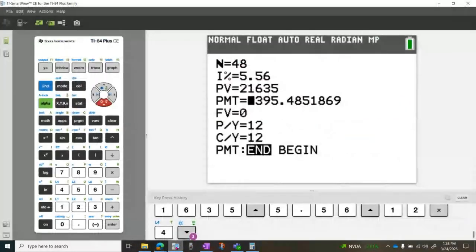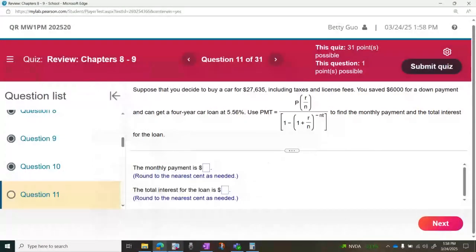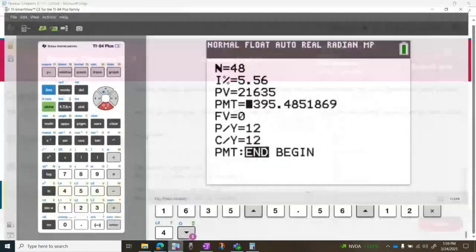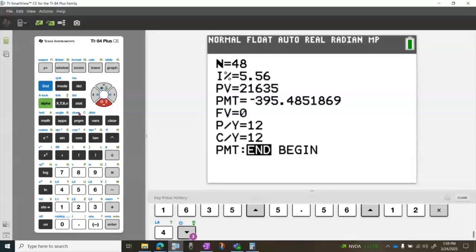Interest rate 5.56. PV loan amount is not 27 grand, it's 21 grand because you have 6 grand down payment. 21 grand, 635. Future value is 0. 12, 12. Okay, everything's fine. Alpha, enter.